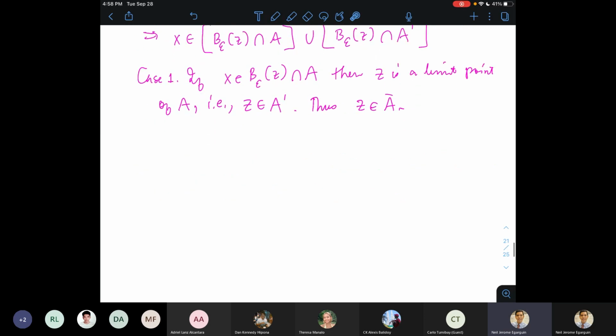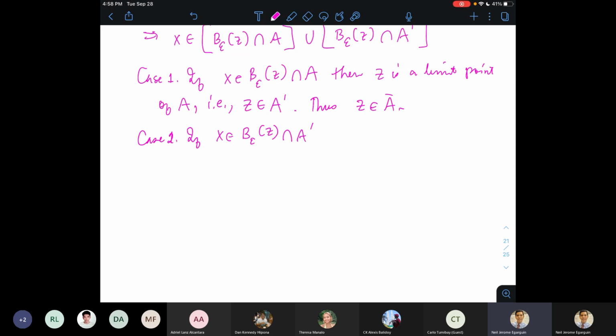But there's a second case, another possibility. Case 2 is if X is an element of the intersection of the epsilon neighborhood and A prime. So what does this tell us? Okay. So again, my goal is to show that Z is in A bar. Okay.